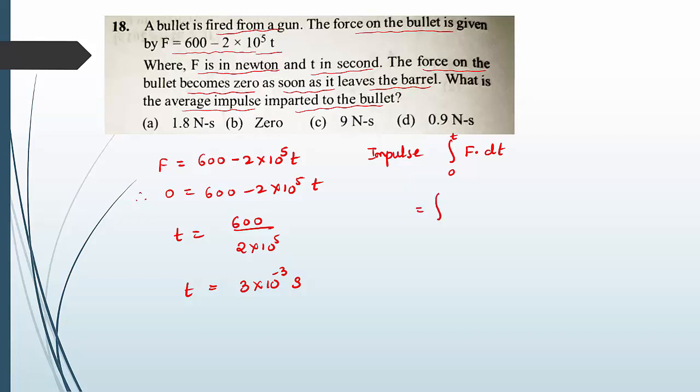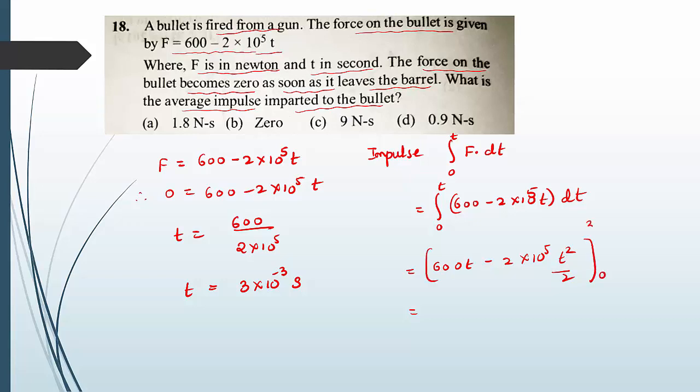So integration of force, they have given 600 minus 2 into 10 raised to 5 into t, that is force into dt, from the limit 0 to t. So we can write the equation 600 t minus 2 into 10 raised to 5, integrate, we will get t square by 2, from the limit 0 to t.